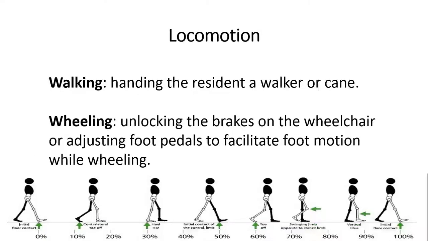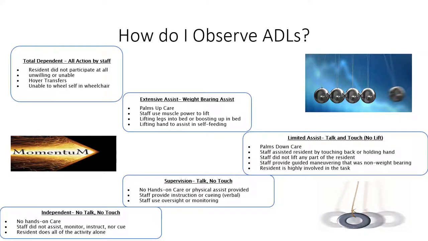So that would end the slides for this presentation. It's a great example to maintain a sheet that you'll be provided with new employee orientation for coding ADLs that discusses these 5 areas and some helpful tips, and to keep that with you as you continue to document and learn and see the importance of documenting the amount of minutes worked with residents, and to focus on these areas for total dependence, extensive assistance, limited assist, supervision, and independence.